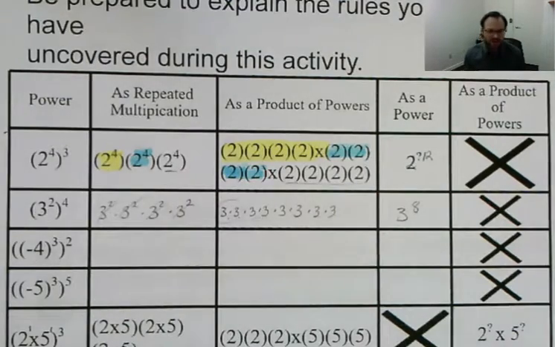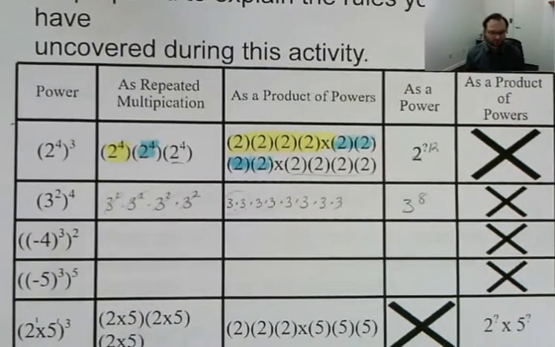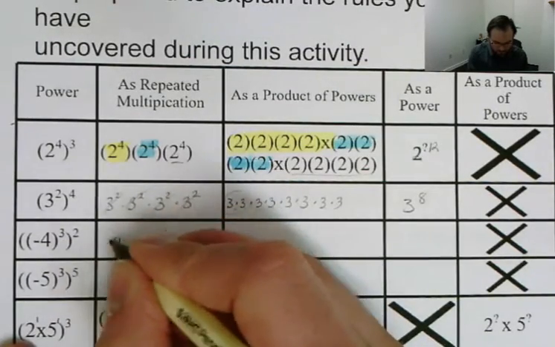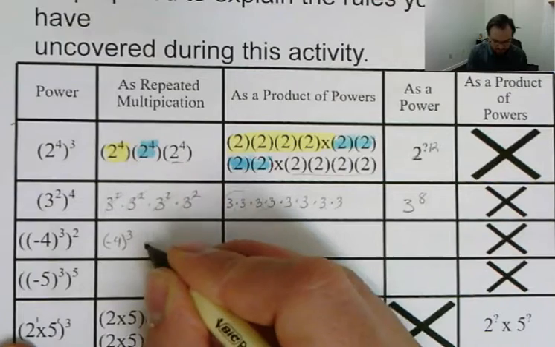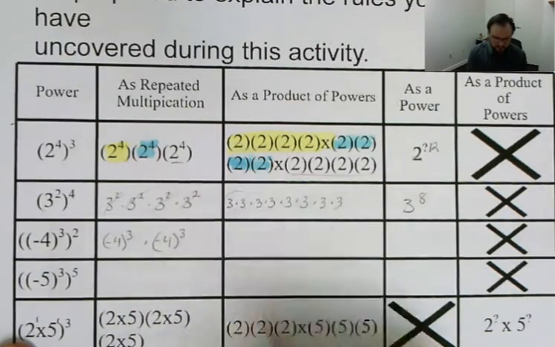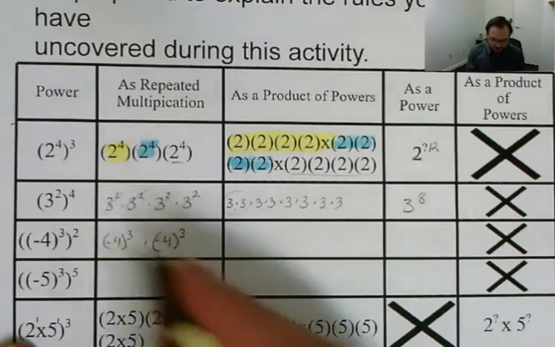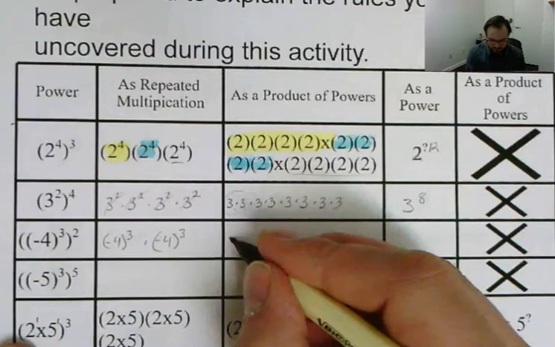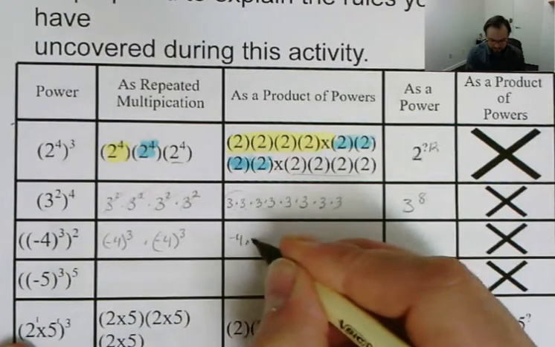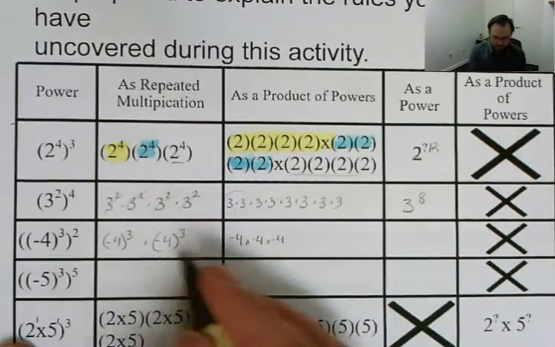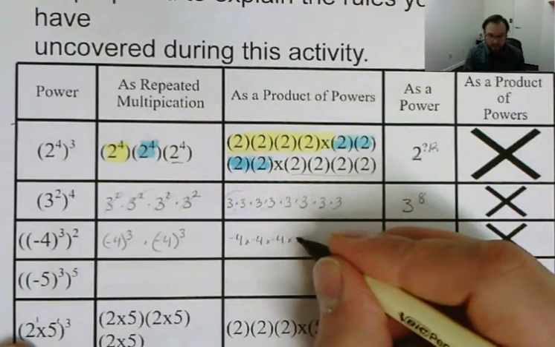Now let's take a look at one negative here, then I'm going to go on. So this one says we have 2 groups of negative 4 to the power of 3. Okay? Well, I look at that. Here we have 3 negative 4's, and here we have another 3 negative 4's.